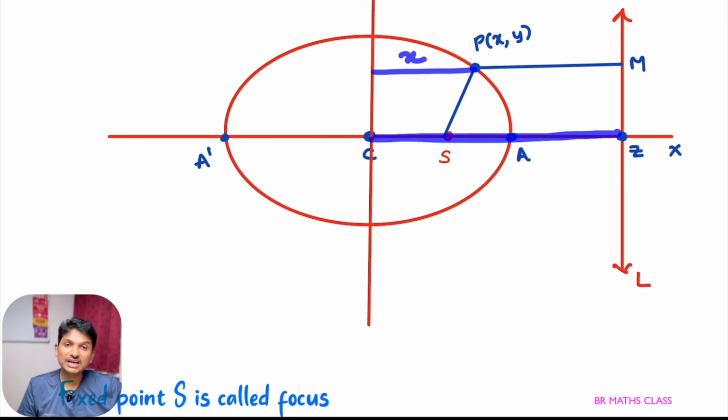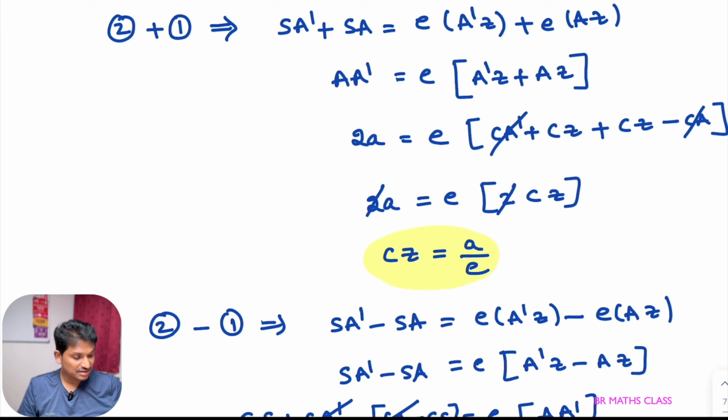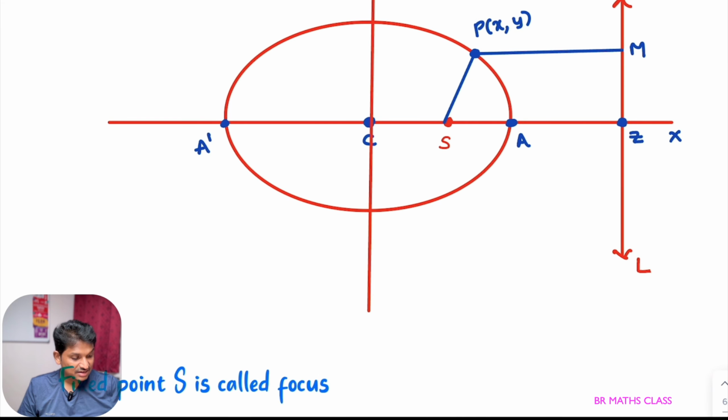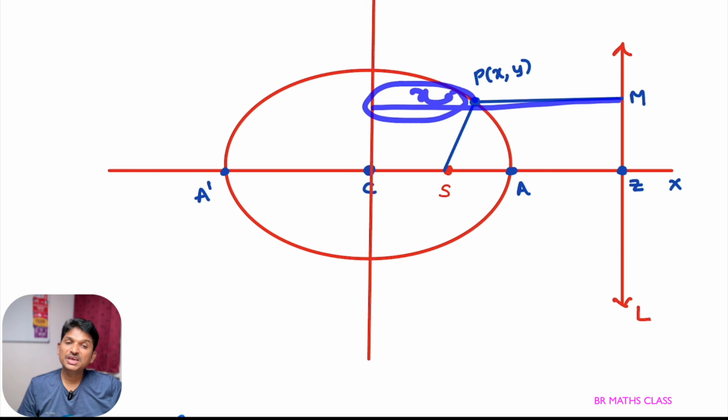Just now we calculated CZ. What we got CZ? CZ we got it as A by E, right? This length is A by E. This length is x. This full length is A by E. What is PM? PM is this full length minus this. This is x. PM is A by E minus x.